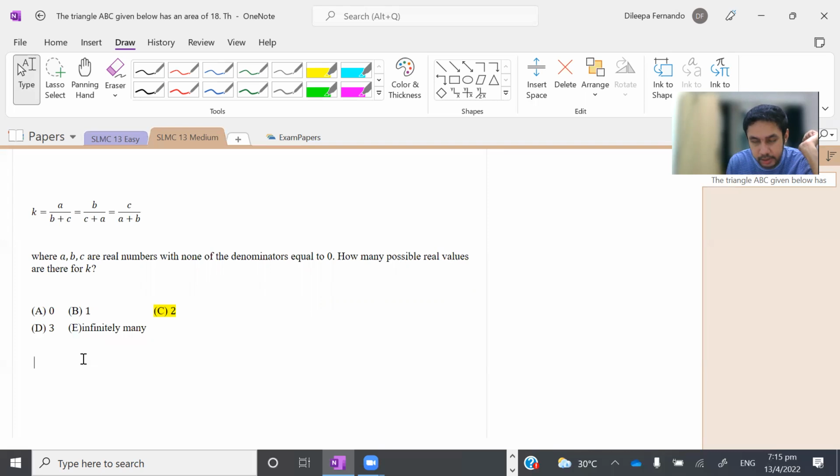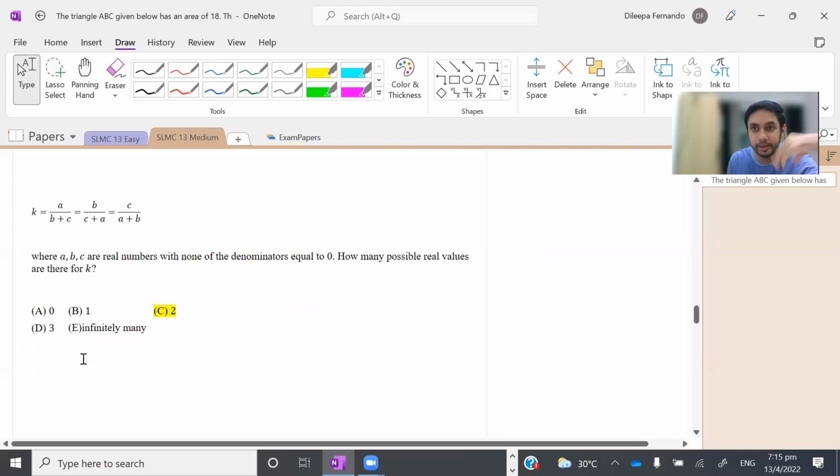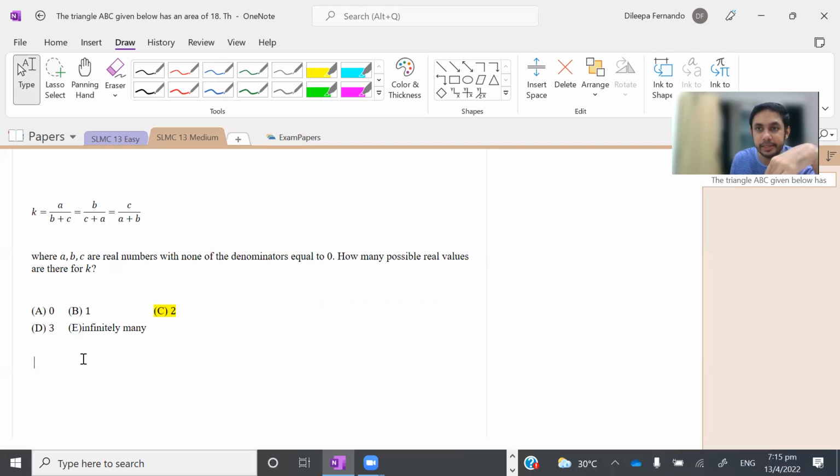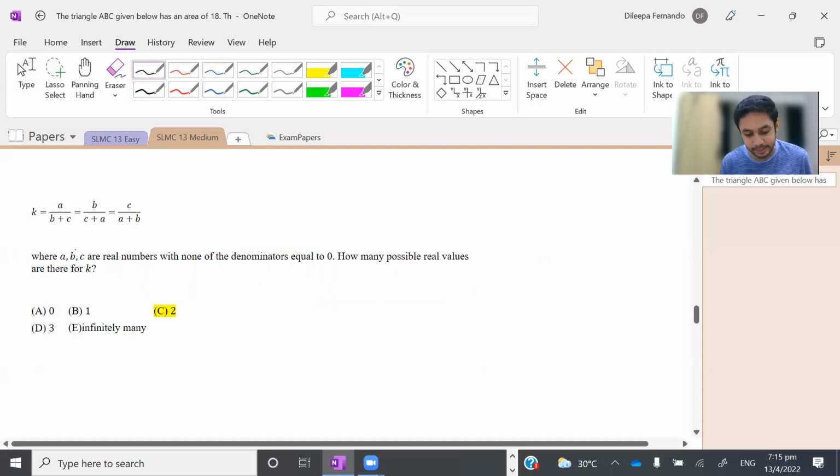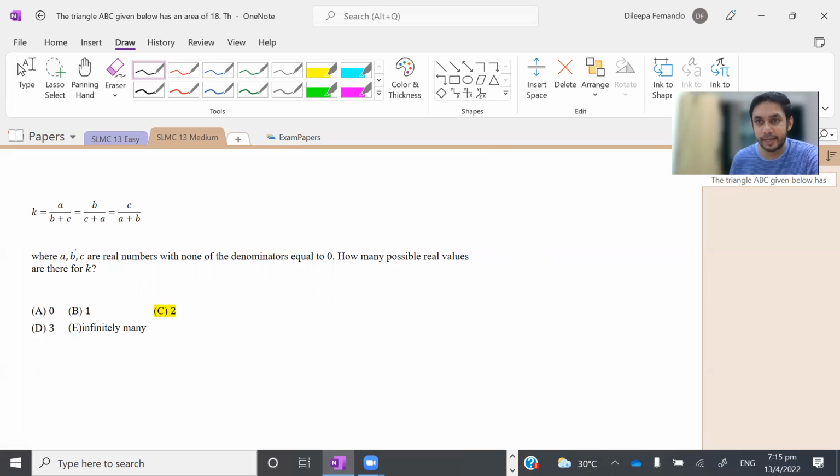If we sum up the numerator and denominator, we can see a common factor. And if it is possible to take the denominators to one side, numerator to one side, we can have a plus b plus c as a factor, and we can also have k as a factor. So you can see that these are symmetric. So when we sum them up, we can have a factor. So since we have a factor, we can easily find the roots of this particular equation that we are going to derive. So let's do it.